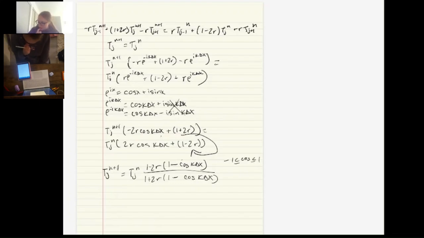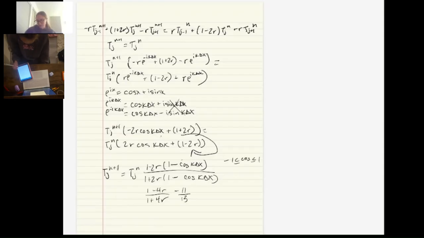If we do negative 1, it'll be negative 2, so this changes to 1 minus 4r over 1 plus 4r. Let's say our value of r is 3. Plugging in 3 for r, that will be negative 11 over 13.